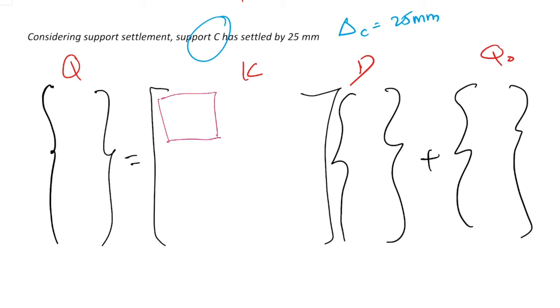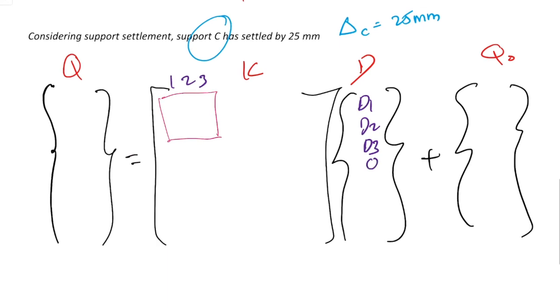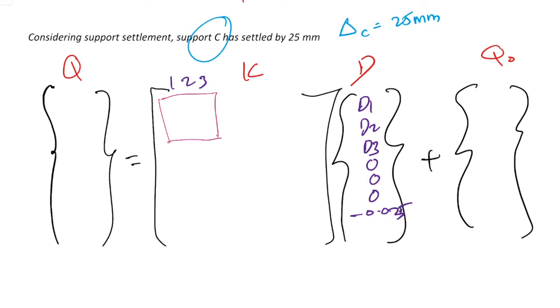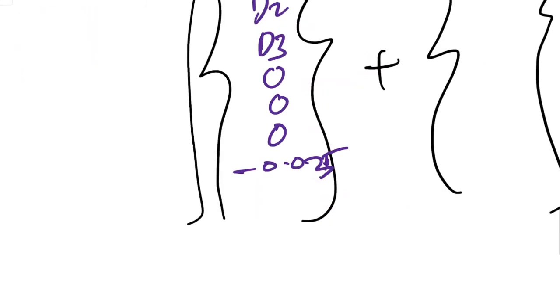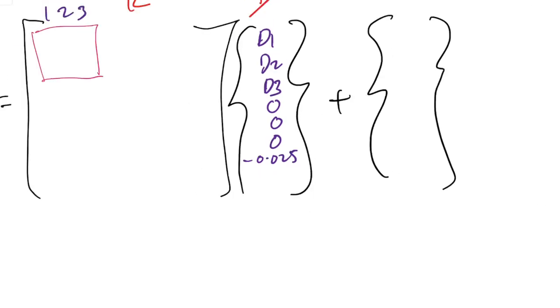For the displacement, we have D1, D2, D3, and we have D7 equal to negative 0.025. D4, D5, D6 are 0, D7 is negative 0.025, and at position 8 again 0.